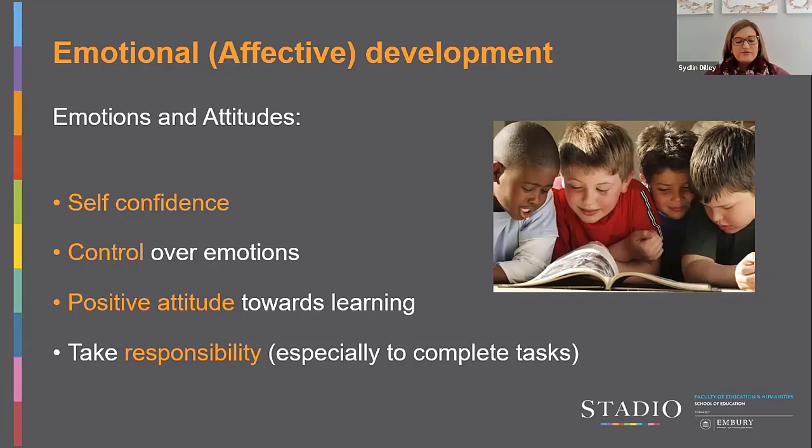So emotional development can be enhanced by including activities where children take responsibility and activities where children experience success. So here it's very important for you to understand the developmental level of your children and not provide activities that are too difficult or too easy for them to grasp.